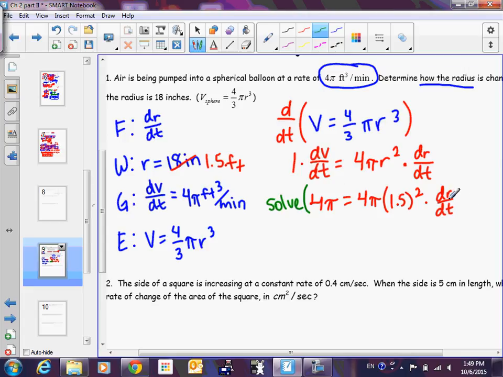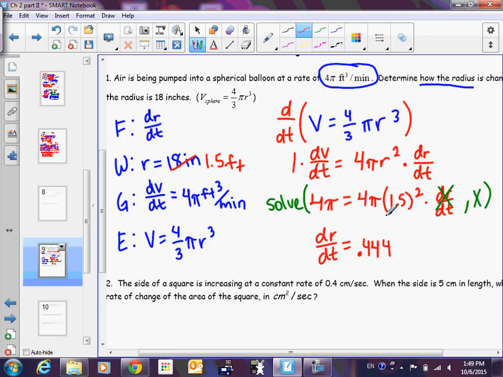In place of dr over dt, probably put an x, and then remember comma x parentheses. So this would be the easiest way to solve. You could definitely solve it by dividing and all that stuff. However you need to, solve for dr over dt. And you should, if you're using your calculator, get 0.4 repeating.